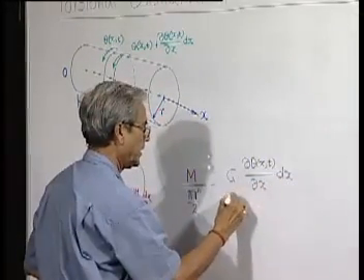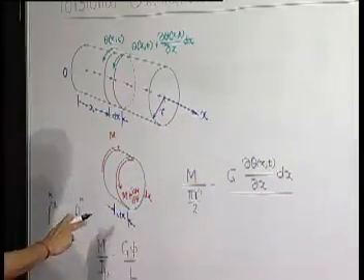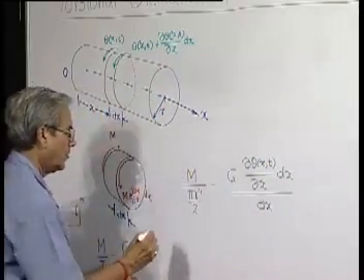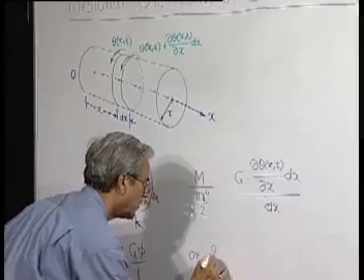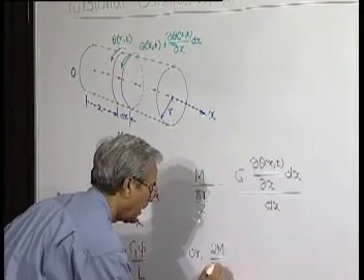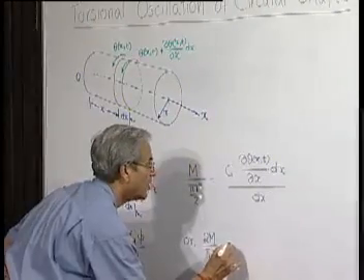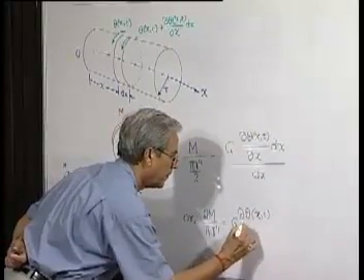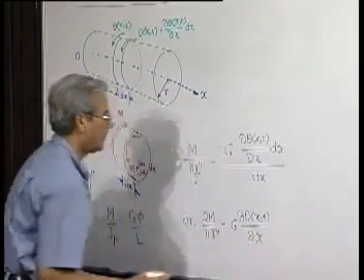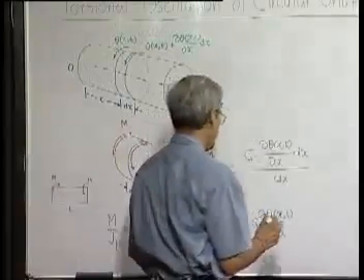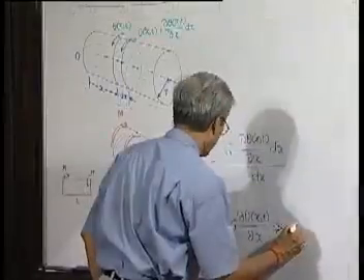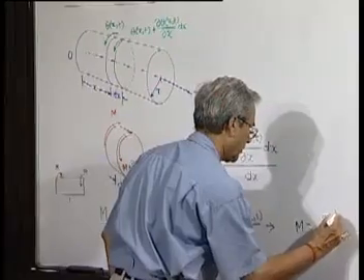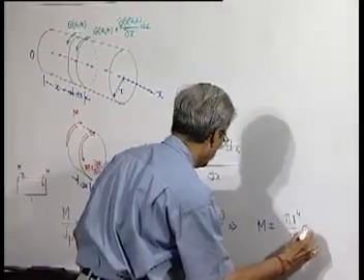This is the amount of twist and the length of the element of shaft here is nothing but dx, so we get 2m by pi r to the power 4 equal to G times the twist per unit length, or from this we get m equal to pi r to the power 4 by 2 into G times the derivative of theta with respect to x.